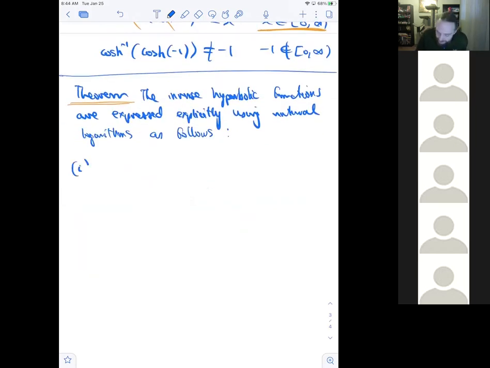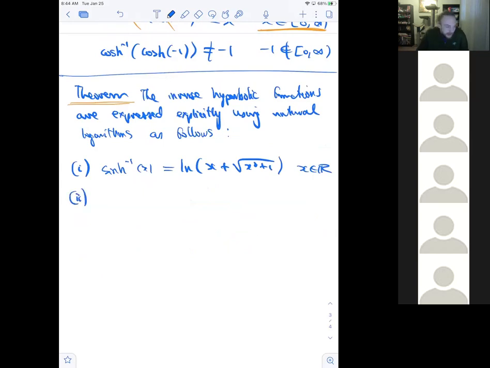So 1, sine hyperbolic inverse of x is equal to the natural log of x plus the square root of x squared plus 1 for all x in R, because that's the domain of sine hyperbolic x.